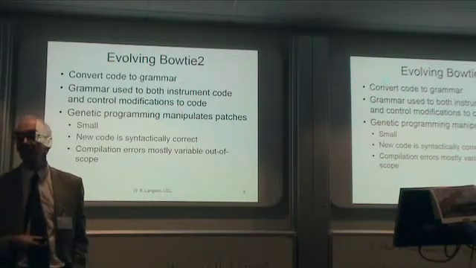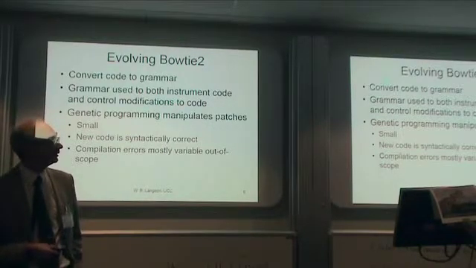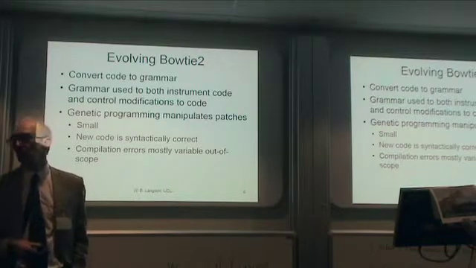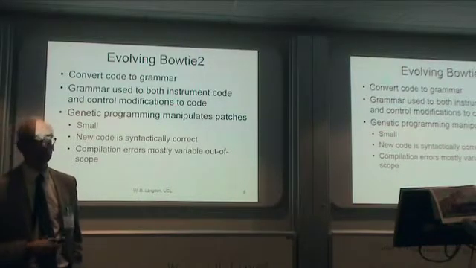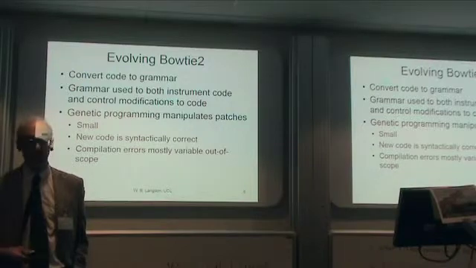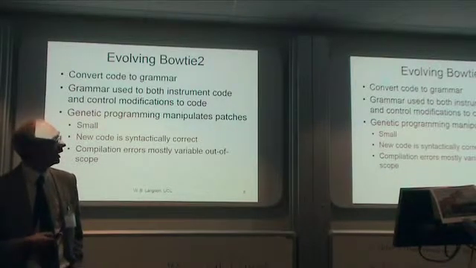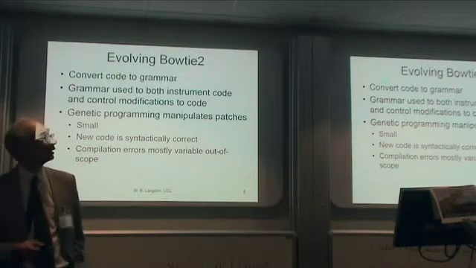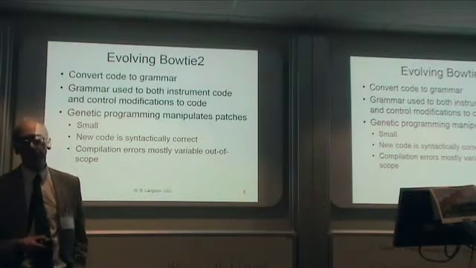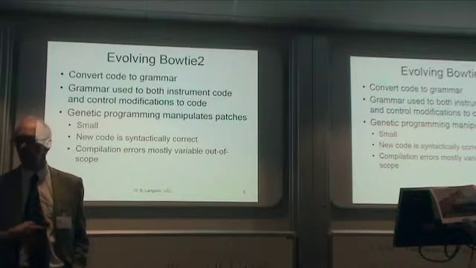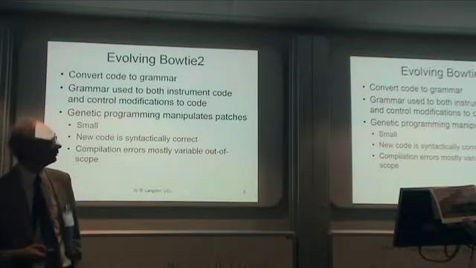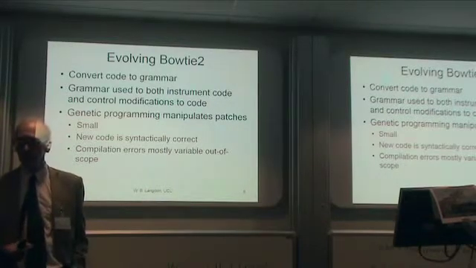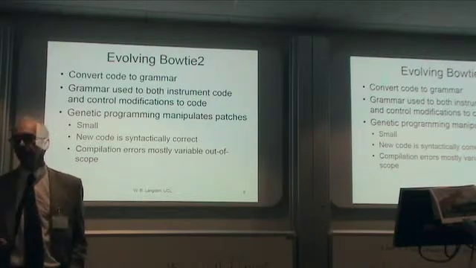It basically allows GP to both modify and instrument Bowtie 2, but it's not generic. It's very specific to Bowtie 2. And what GP manipulates, the things the GP individuals are, are patches to that grammar. So although we've got 50,000 lines of code to play with, what GP is evolving is small changes to the grammar.